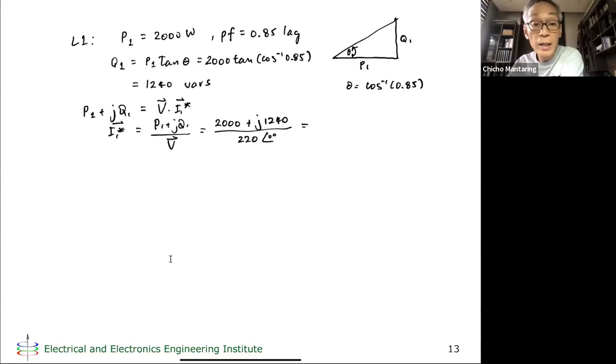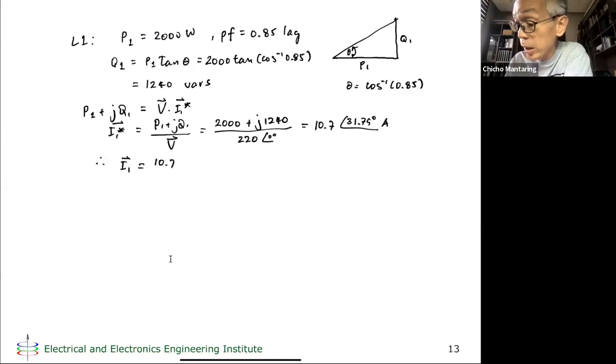And I'm going to get I1 conjugate is 10.7 at an angle 31.79 degrees amperes. Therefore, I1 is 10.7 at an angle minus 31.79 degrees amperes.